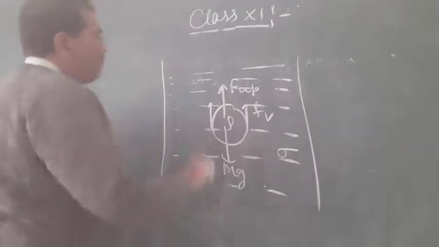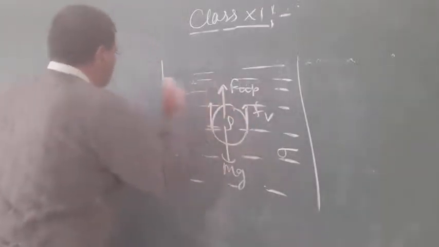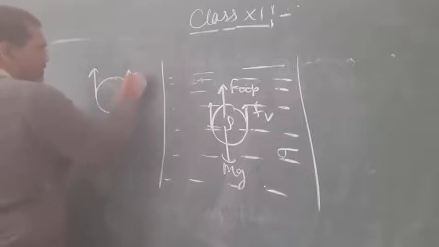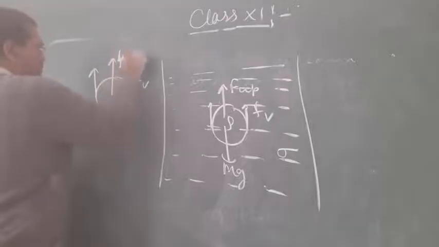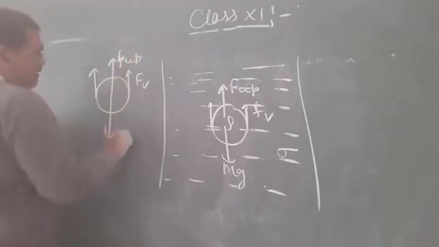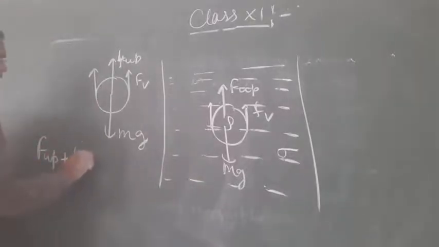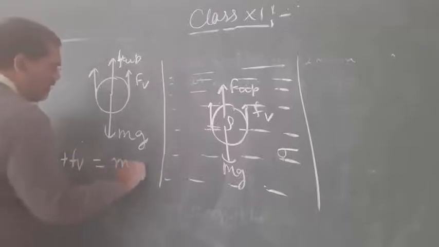So when the body achieves equilibrium, the viscous force around the sides of the body and the upthrust force due to the liquid are counterbalanced by the gravity force. So you can say here F upthrust plus F viscous equals the weight of the body.